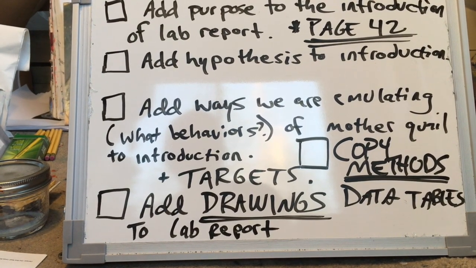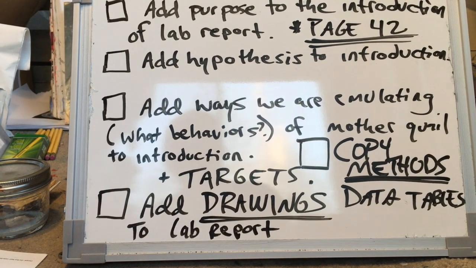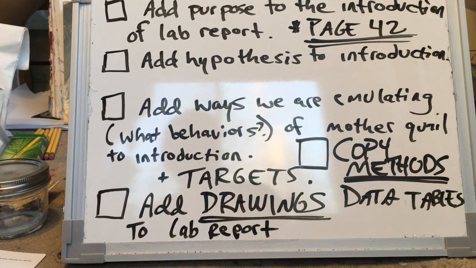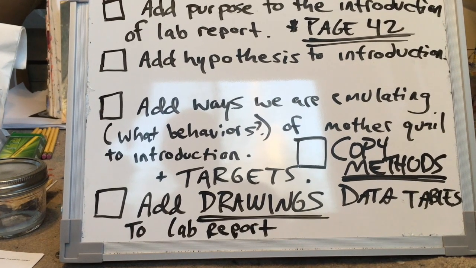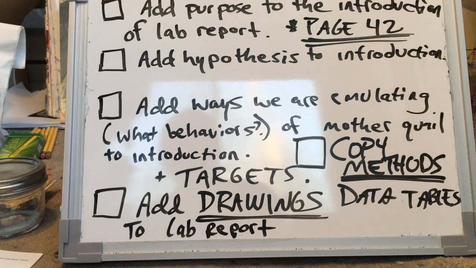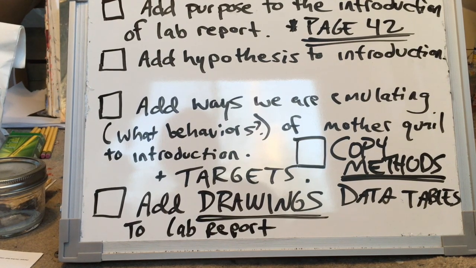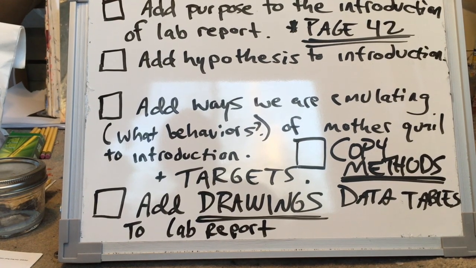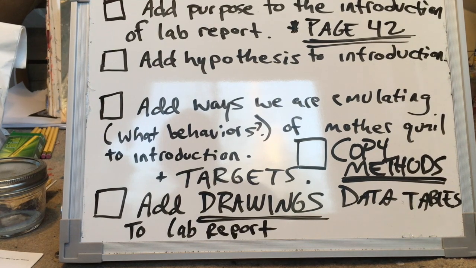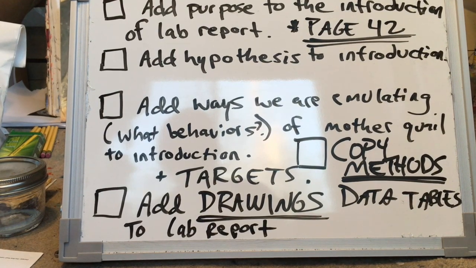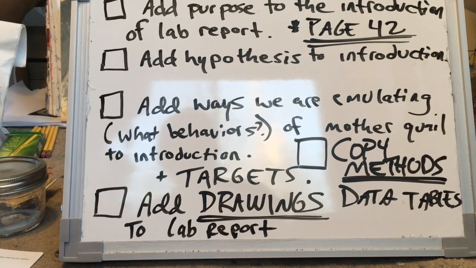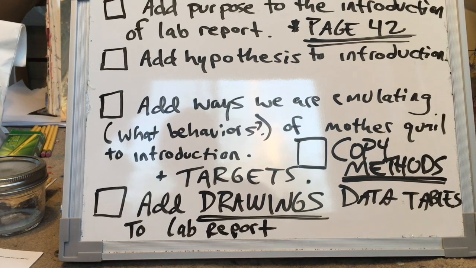Now, the humidity is supposed to emulate the fact that the mother quail is often sitting on these eggs. And when she sits on these eggs, she really sits on them, okay, and keeps the area around the eggs a little bit more humid than the area in the rest of the air of the world, okay?